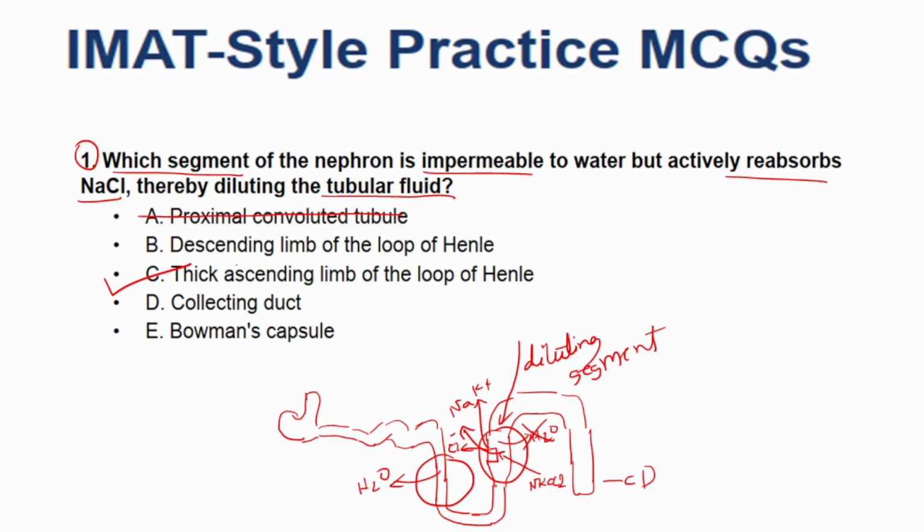The descending limb of the loop of Henle is highly permeable to water and lacks significant active sodium chloride transport, causing the tubular fluid to become progressively concentrated rather than diluted.